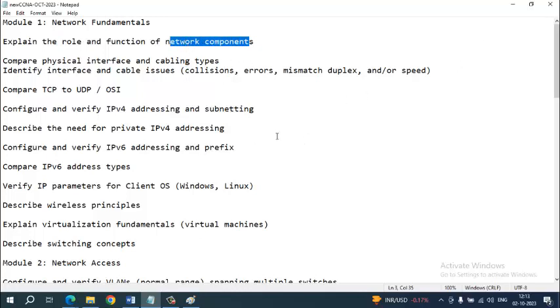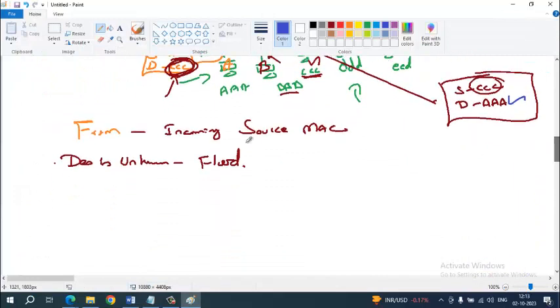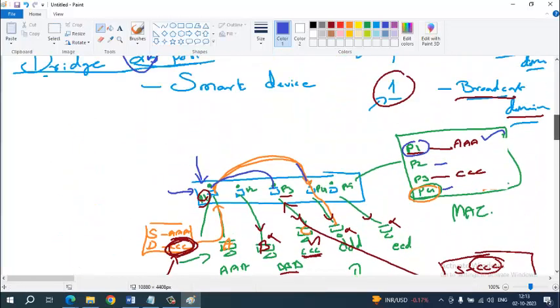Partially. What is that? You just learned that they learn MAC addresses as the traffic comes in. From where does it learn? From the source. And if the destination is unknown, what will it do? It will flood. Now, here we are learning the bridge.